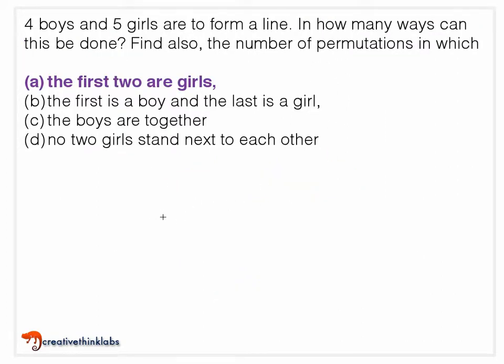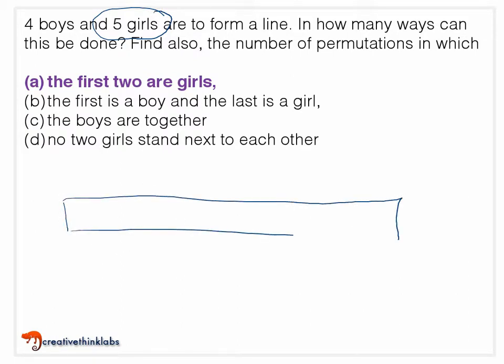Next, it says here the first 2 are girls. Now keep in mind here we have 5 girls. So let's draw the boxes here. We need to divide this into 9 parts. Okay, here we go.